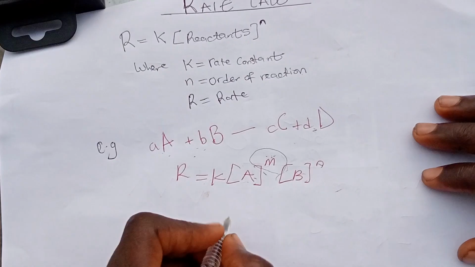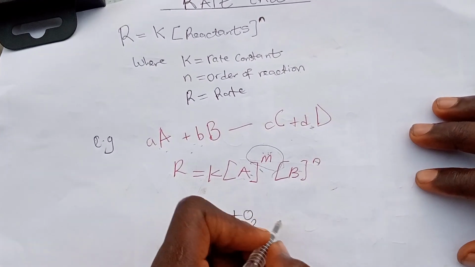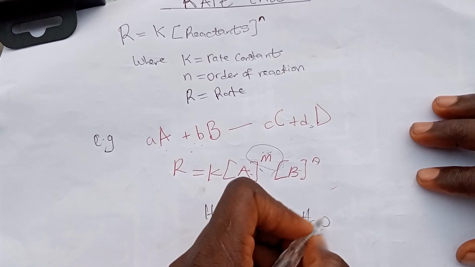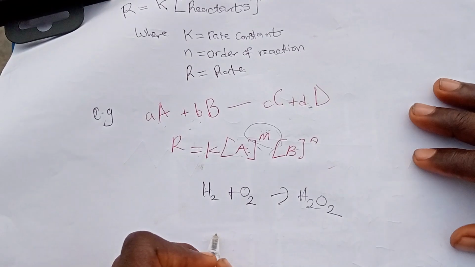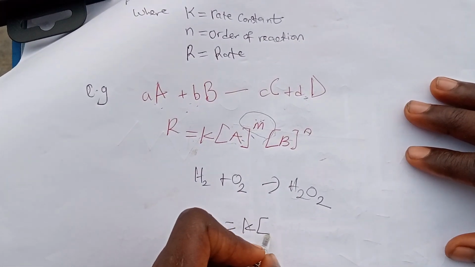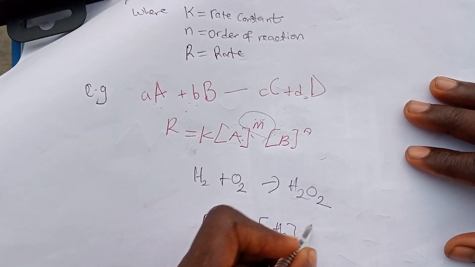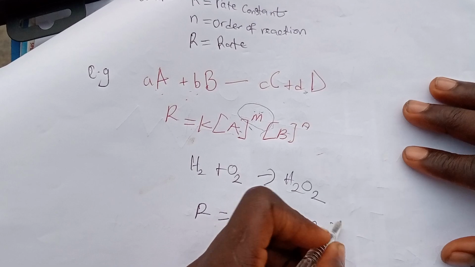That means, for instance, let's say H2 reacts with O2 to give us H2O2, and they tell you to express the rate law. How do you express it? The rate law will be R equals K times [H2] raised to the power of m and times [O2] raised to the power of n.